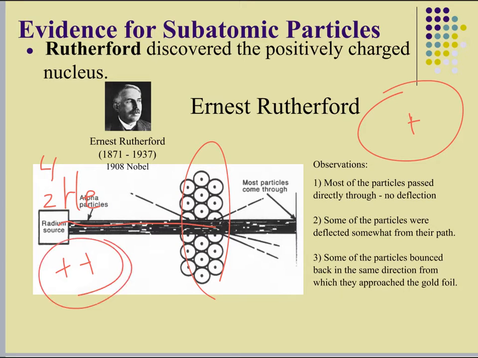Very positive particles being shot through, and then there was deflection. Why would there be deflection if there was just a sea of electrons in the middle? There must have been something positive in the middle. So this deflection from their path is actually what led him to conclude that there must be a positive center in the atom.